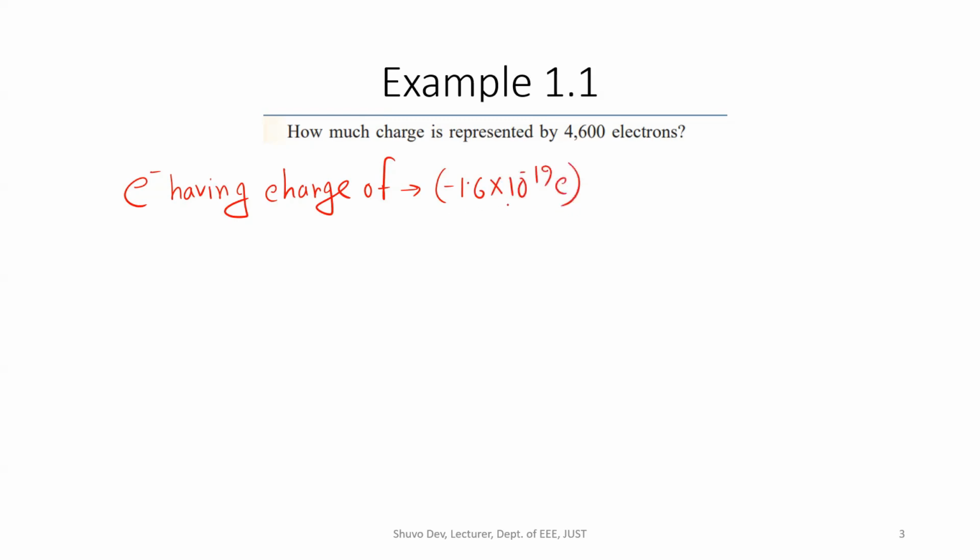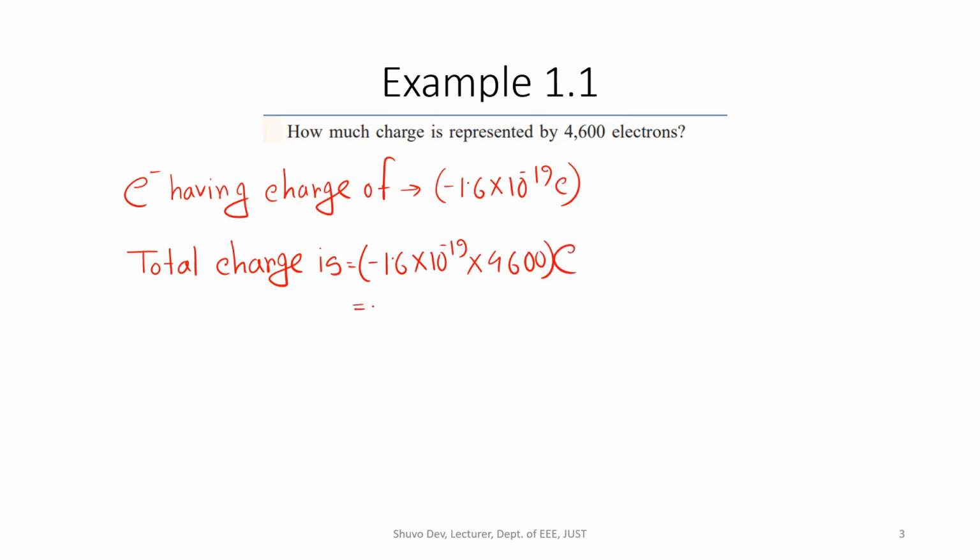The question asks us to determine the charge of 4600 electrons. So the total charge will be minus 1.6 into 10 to the power minus 19 into 4600 coulomb.